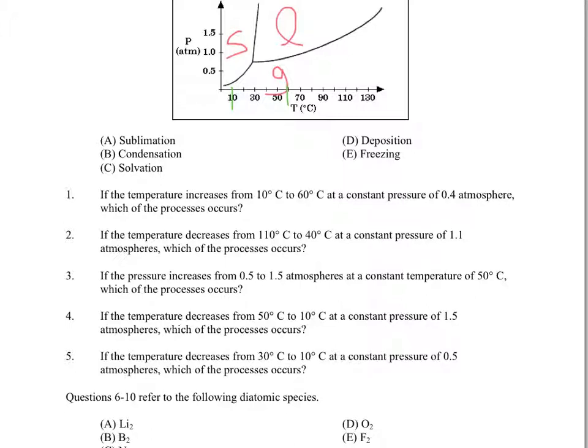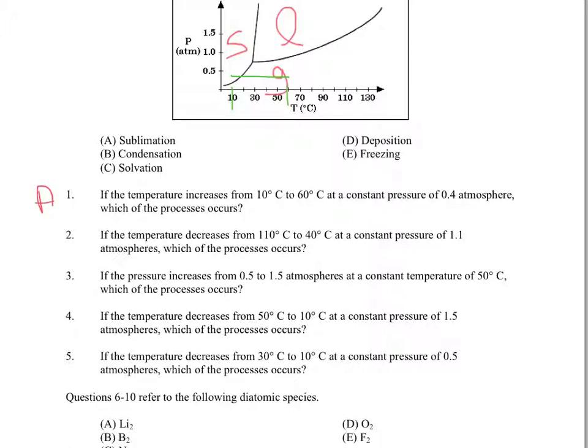You agree we're going to be right below it? So we're starting at 10 and going to 60. You agree we're going to follow that green line. So what states of matter are we converting from and to? Yep. So we're going from a solid to a gas. What process is that? Sublimation. So that is the answer.